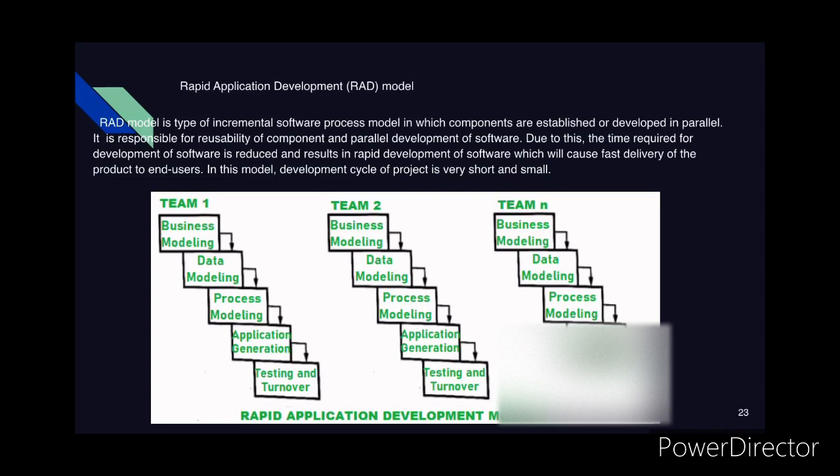First, as you can see, it will do the business modeling. In this phase, all the information related to the business is gathered: how your business will make money, how to increase the quality of the product, and how to deliver a valuable product to the customer. Second, the team goes to data modeling.